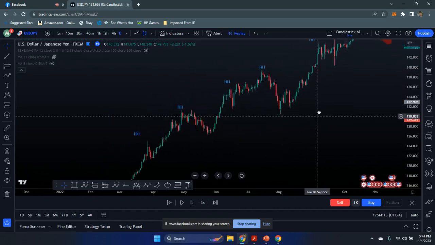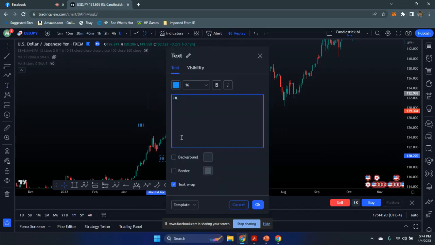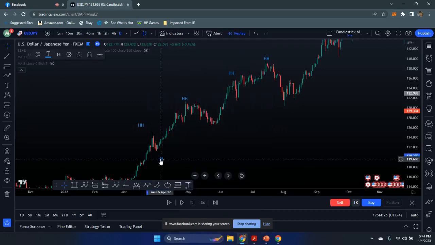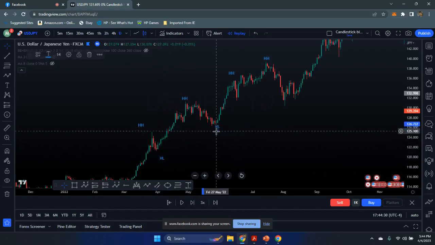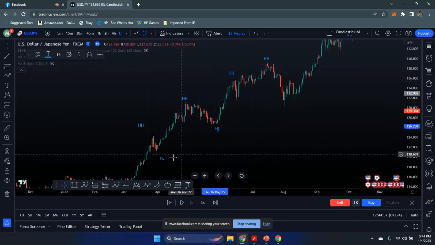And even though it did have those big, deep retracements, they didn't break the previous structure from the previous one. So we are still in that uptrend, guys.